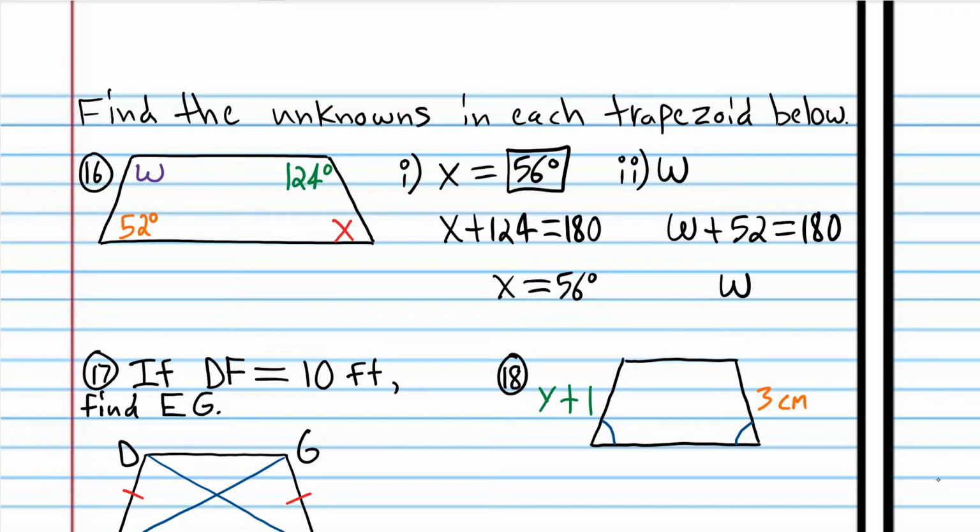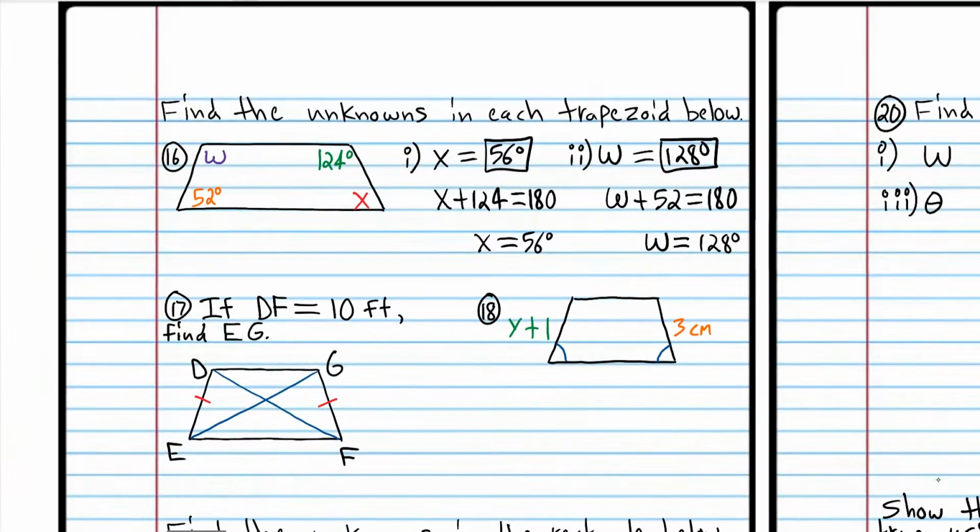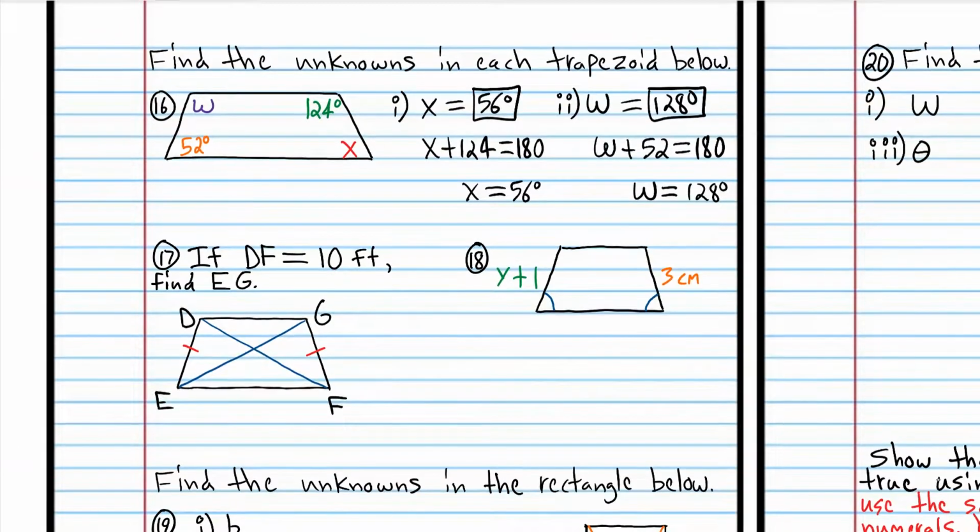Subtract 52 from both sides, and we get 128 degrees. So there you go. I'm going to write the answer up there, because that's the way I started to do it before. So if you got those answers, good job.